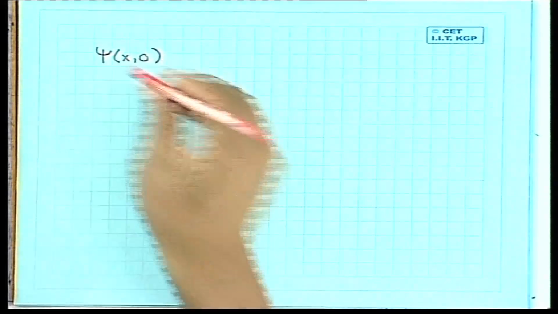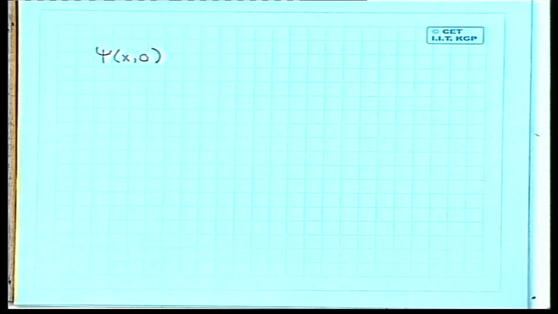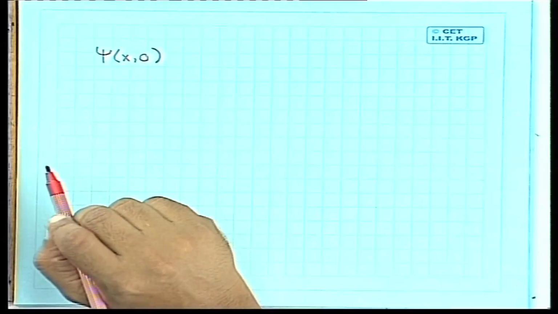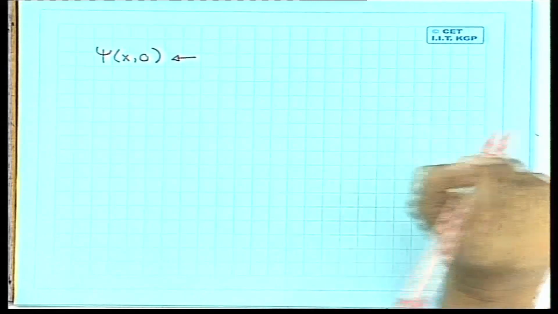If this were one of the eigenfunctions, it is very simple, right? We have just considered it. Now suppose I give you a particle whose wave function is something arbitrary at the initial time t equal to 0. How do we go about looking at this? The way we proceed to consider the time evolution of this is as follows.